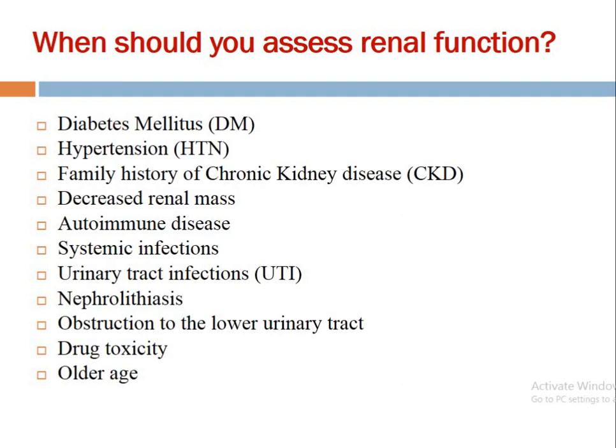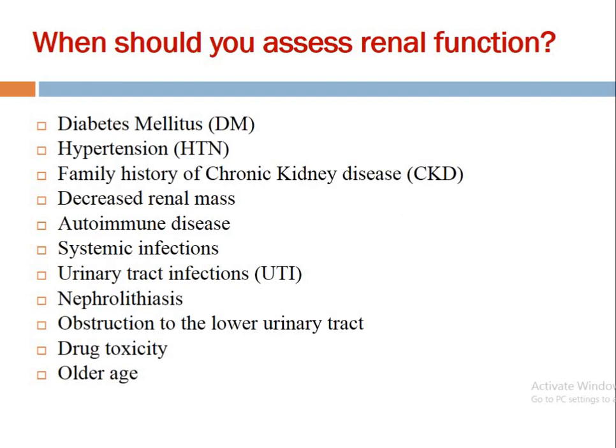Then systemic infections. When there is severe infection, these infections can again involve multiple organs. Kidney may also get involved in this. Then comes the urinary tract infections. What do you mean by urinary tract infections? These are the infections of the tract which is carrying urine from the kidneys to outside the body.